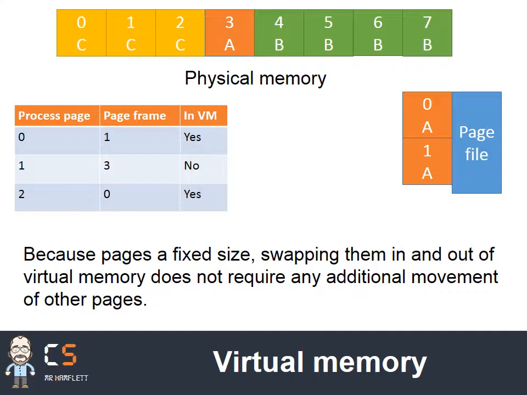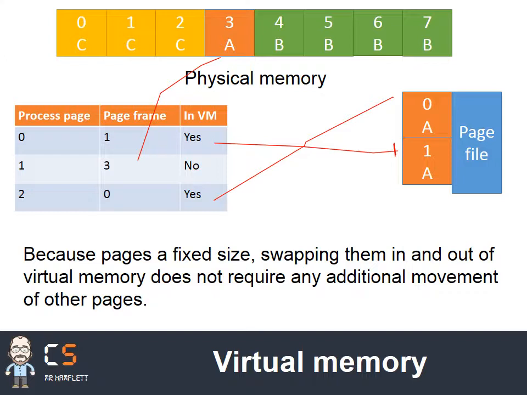Here I've now done a swap. Process page 0 is located in virtual memory, right there. Page 1 is located in RAM, and page 2 is located there in virtual memory.